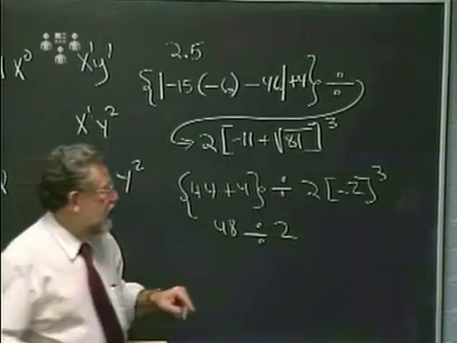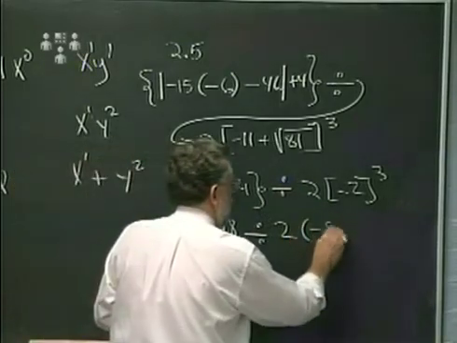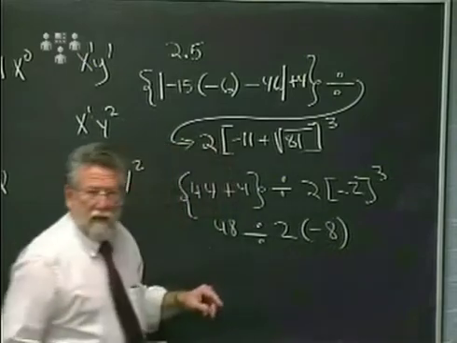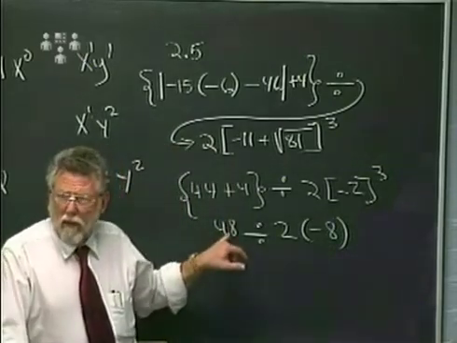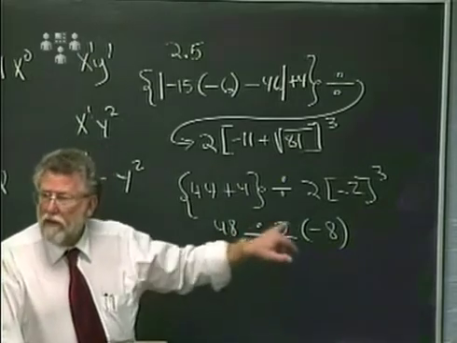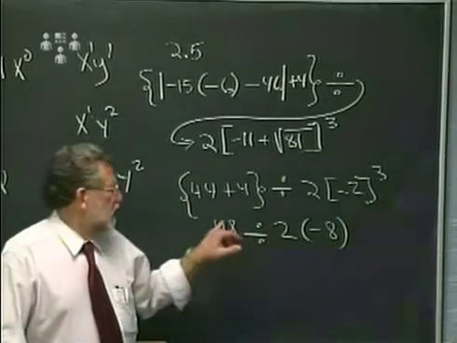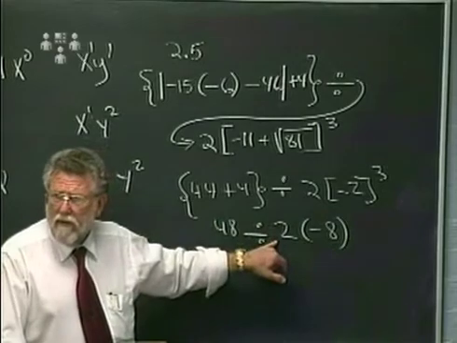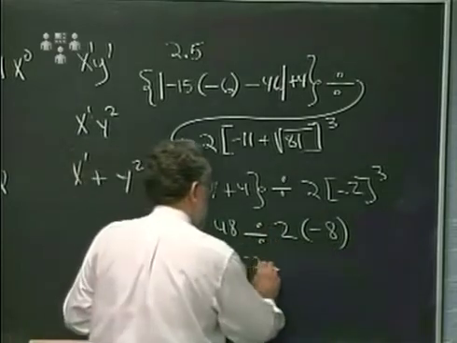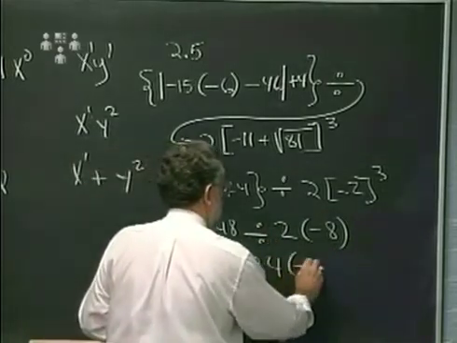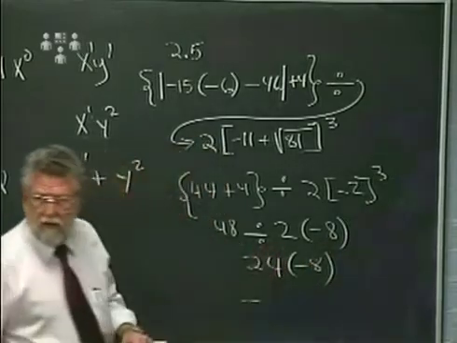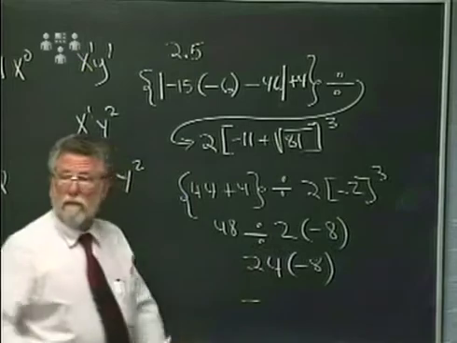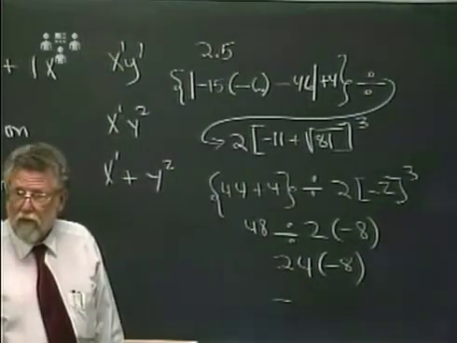So that's minus 8. Now this says go back and do what in order? Multiplication and divisions in order you see them left to right. So 48 divided by 2, 24, which I'm going to multiply by negative 8. So that's going to be a negative 192. 8 times 4 is 32.